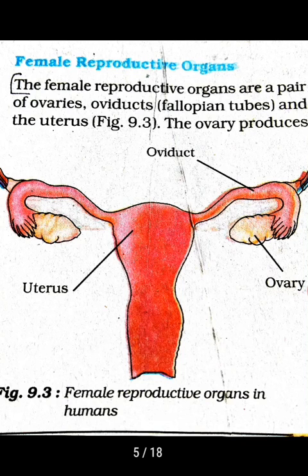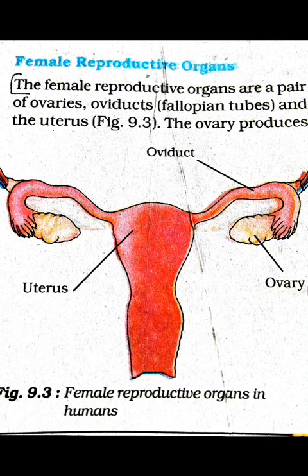Now, the female reproductive organs. The female reproductive organs are a pair of ovaries, oviducts or fallopian tubes, and the uterus, as it is shown in the figure. The female gametes are called ova or eggs.